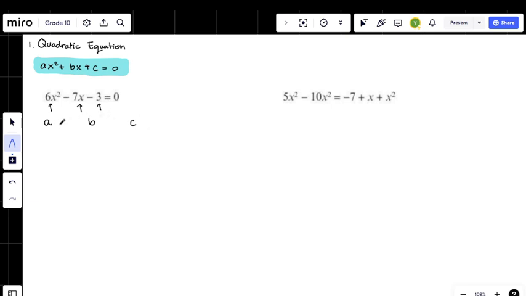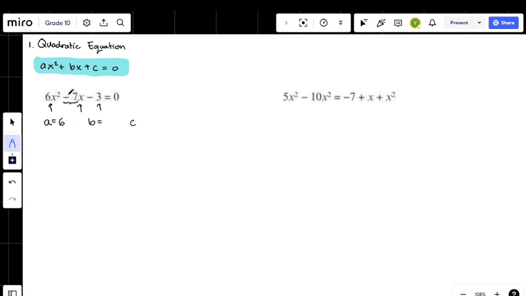Okay, so for this example, 6x squared minus 7x minus 3 equals 0. A is the number in front of the x squared, so of course a is 6. As for b, it is the number in front of the x, but don't forget the number must have the sign in front of it too.